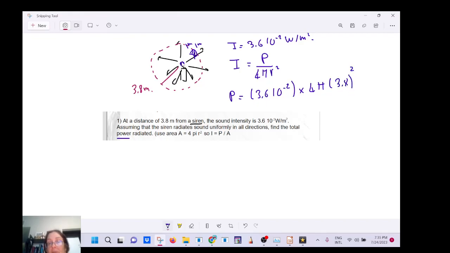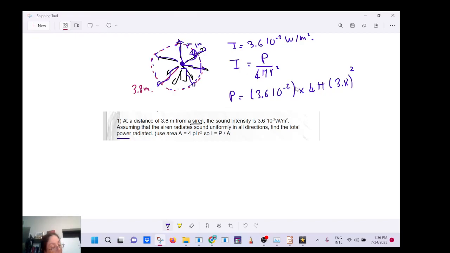So the same amount of energy produced by the source is going to flow through that invisible sphere. That's what it means. There is a conservation here. The energy has nowhere to go, and it has to go through that sphere. So that will be the answer.